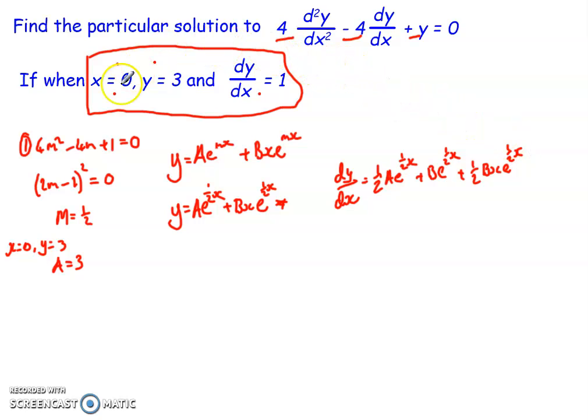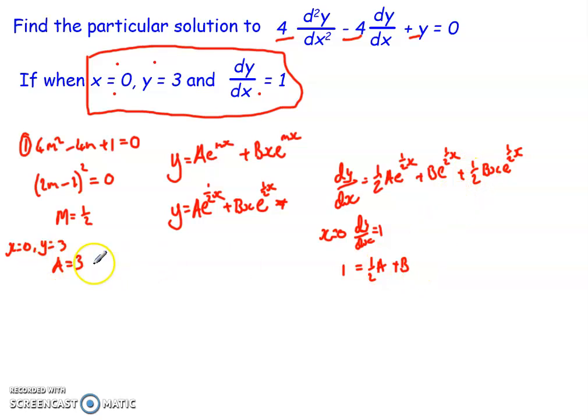What I'm going to do now is substitute in the conditions, x equals 0, dy by dx equals 1. And what that means is I'm then going to get 1 equals, well, if x is 0, that goes, so I'll get a half a, then plus b, and this whole term here just disappears.